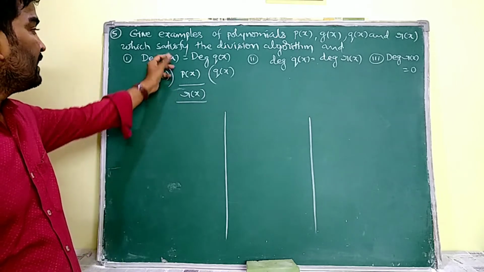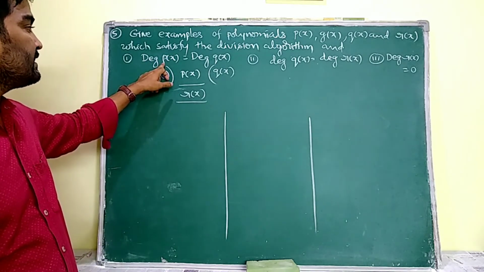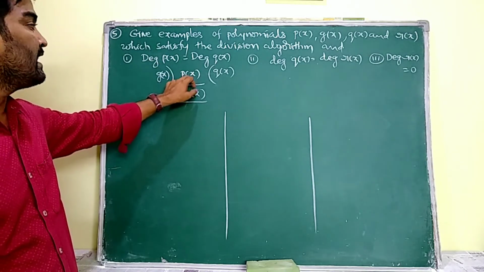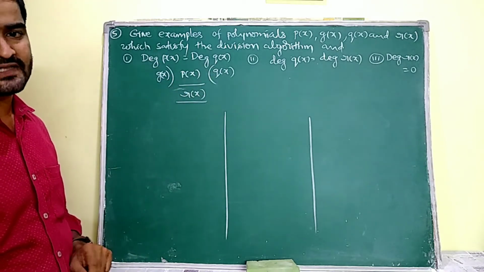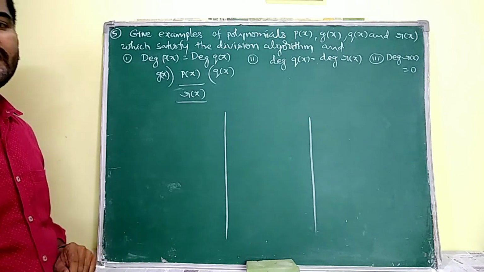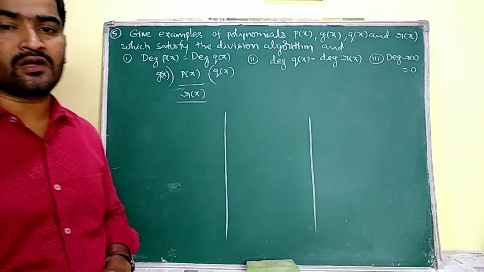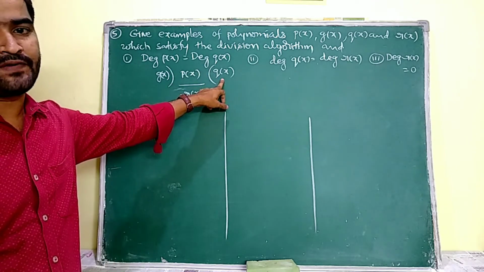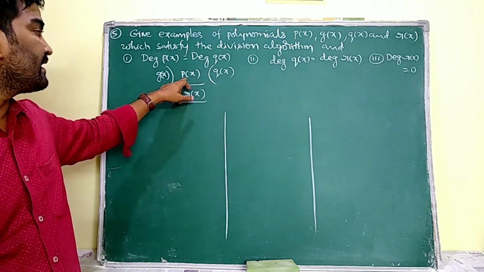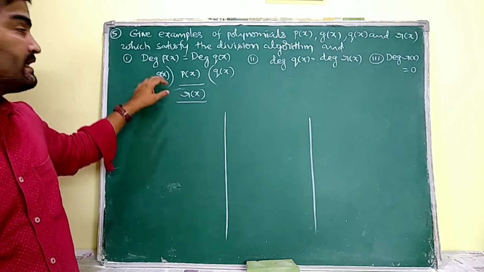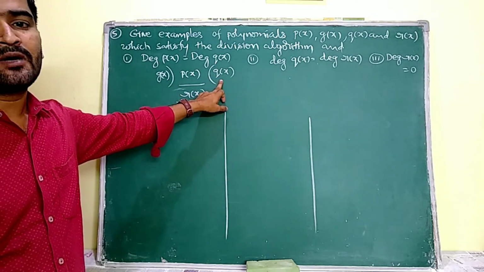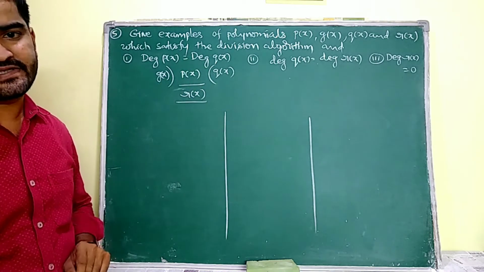See, now for the first question, here he gave one condition, that is the degree of p of x and degree of q of x are same. We already learned one concept, that is the degree of g of x and degree of q of x together gives the degree of p of x. That means the sum of the degrees of g of x and q of x produces the degree of p of x.